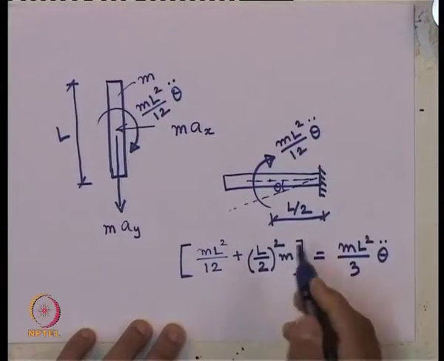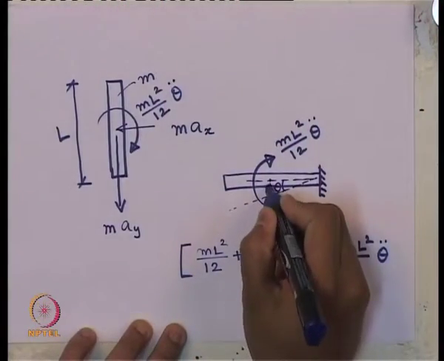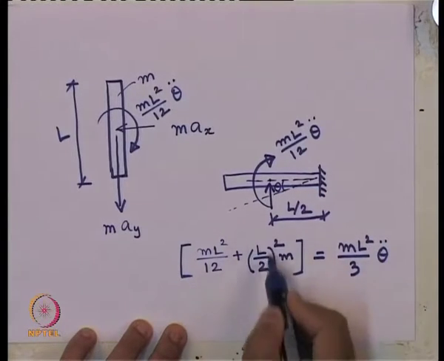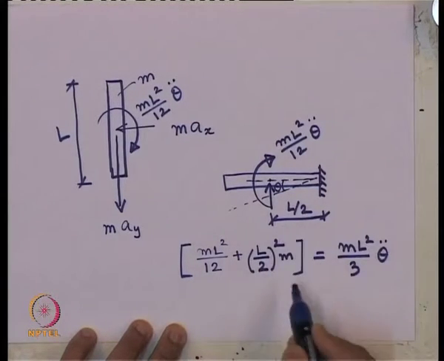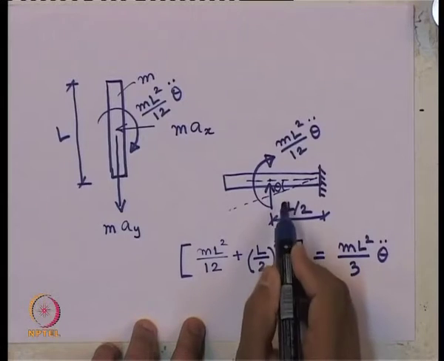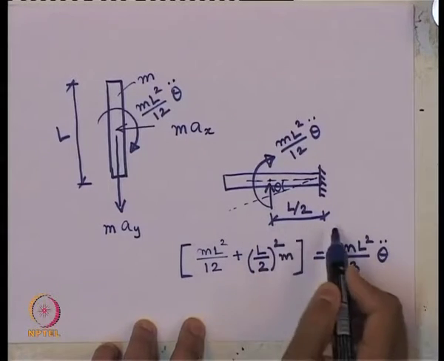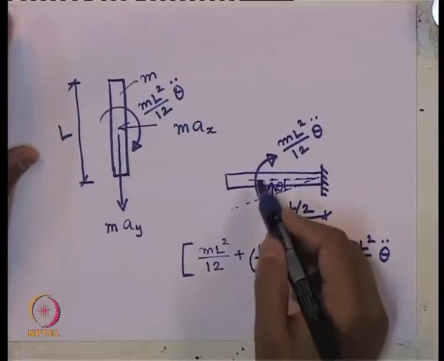That is what I wanted to show here, that if we consider the rotational inertia force at one end of the bar, how it should look like. And where from that force came? You did not ask me this one, but this is the force which I have taken here, that m L by 2 into L by 2. That was the displacement at this point, that is why it came.